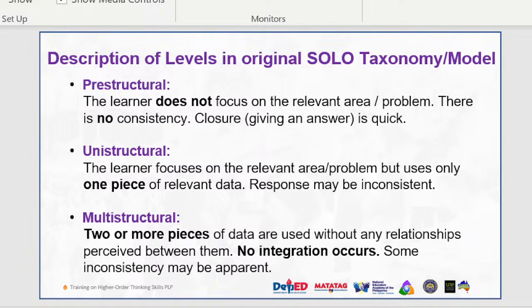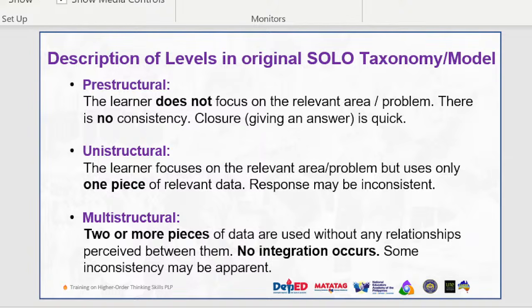The learner is not giving you something that is relevant to the question. In unistructural, the learner focuses on the relevant area, problem, but uses only one piece of relevant data. So when you ask a question and the learner answers one relevant data, that's unistructural.